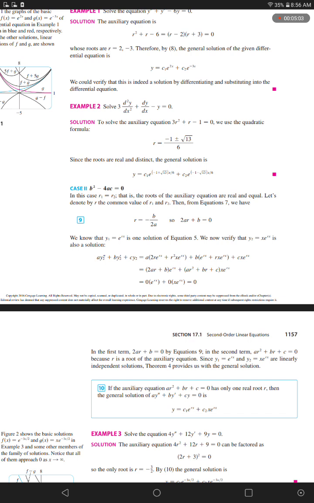We know that y sub 1 equals e to the power rx is one solution of equation 5.